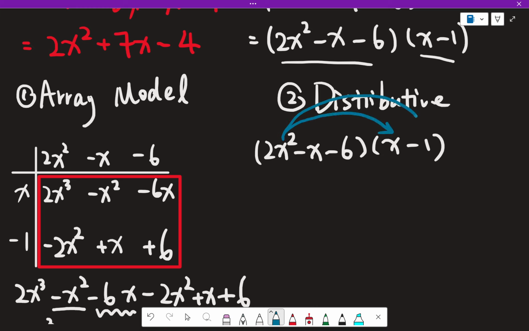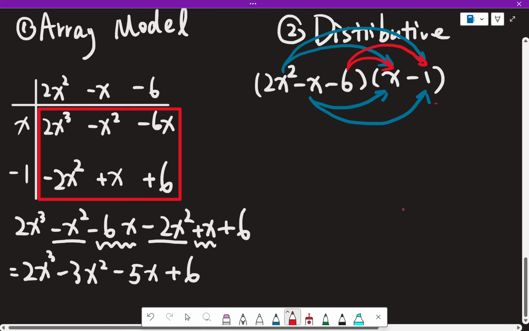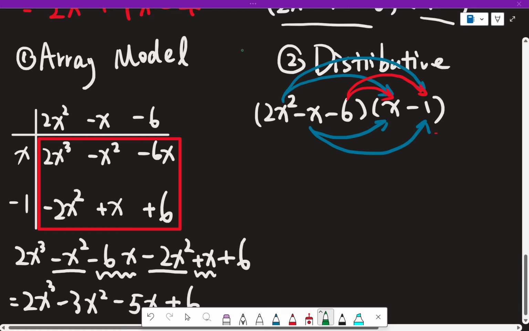So we multiply the first term in the first bracket to the first and second terms in the second bracket, and the second term with the two terms in the second bracket, and the third term with the two terms in the second bracket. So each term in the first bracket will be multiplied to the two terms respectively in the second bracket, and then we add them up. So let me just separate these two methods right here.